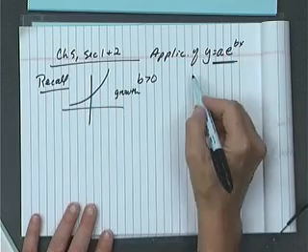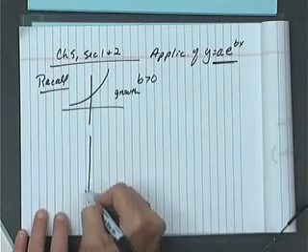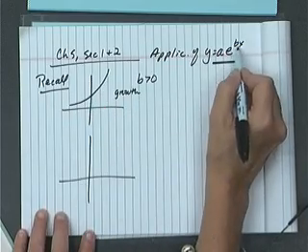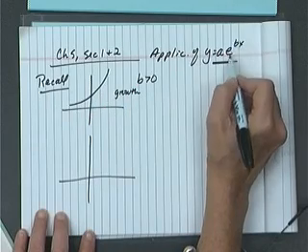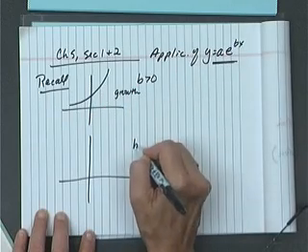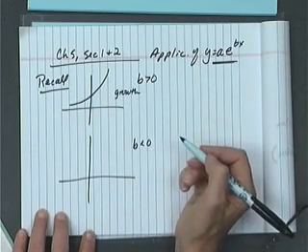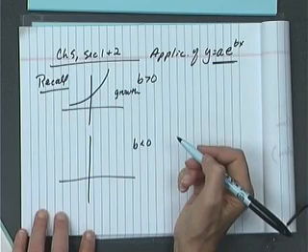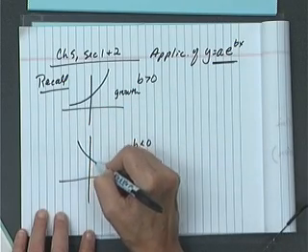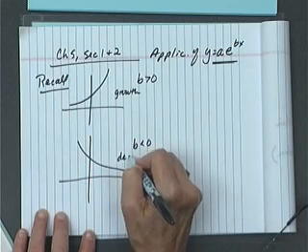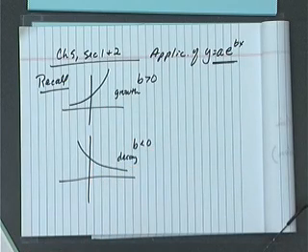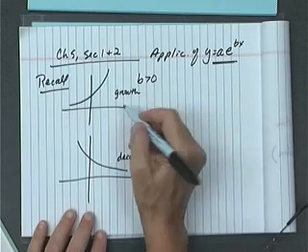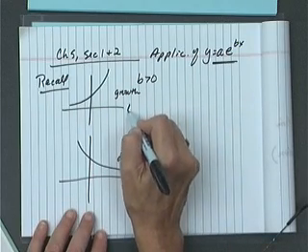And when your b is negative, whenever your exponent is e to the minus x, e to the minus 2x, when b is negative, what does your graph look like? Yeah, it's your decay. We call this decay.